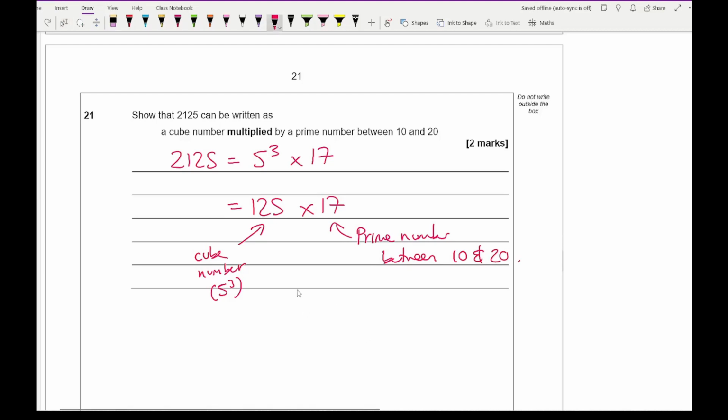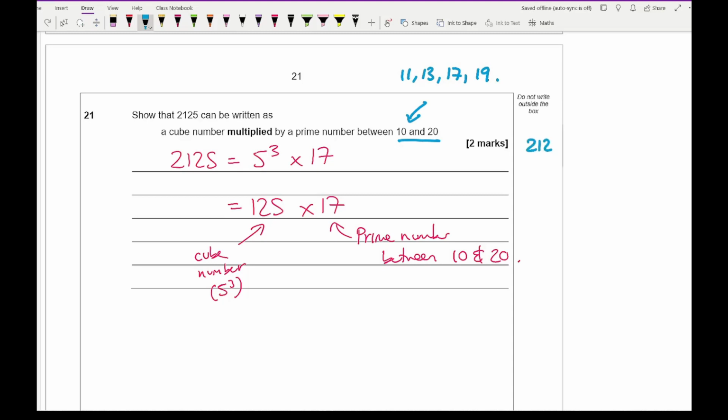Now, another alternative, you may ask, well, how could I have done this without using the calculator if I didn't have a GCSE calculator that has that product of prime factors feature? Well, if we start by thinking of the prime numbers between 10 and 20, it's going to be 11, 13, 17 and 19.